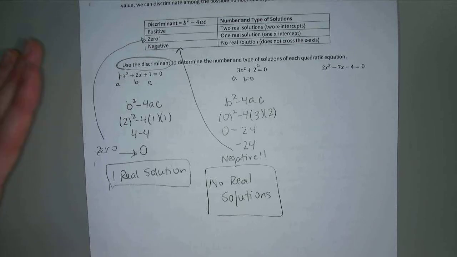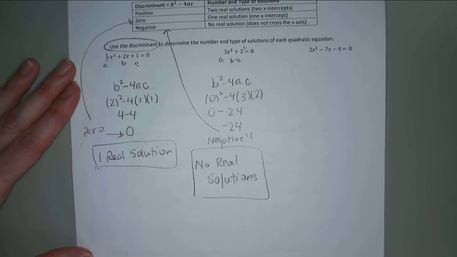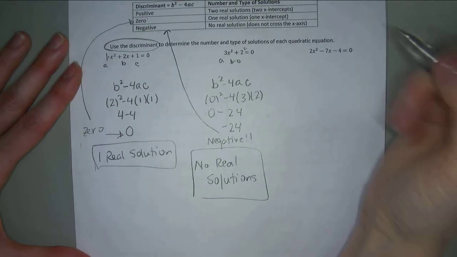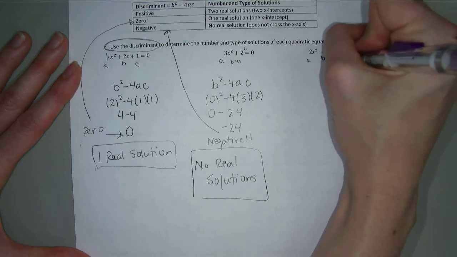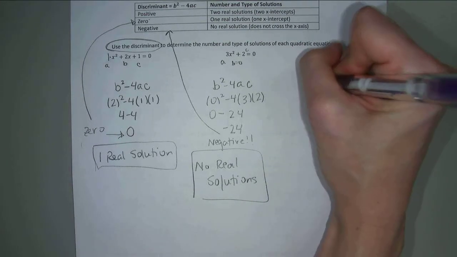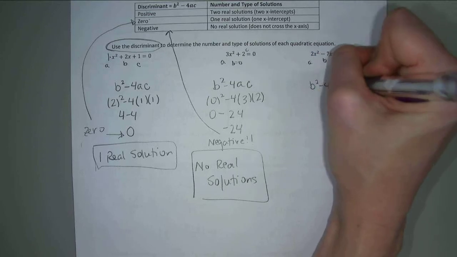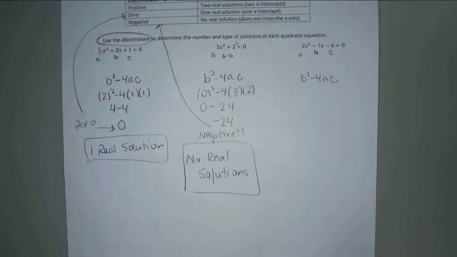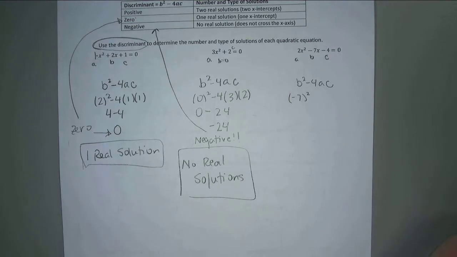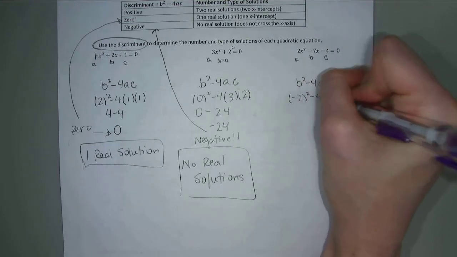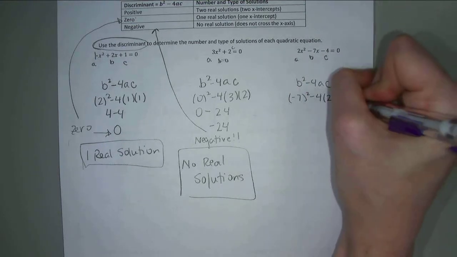And last but not least, process of elimination, we're going to see something happen here. Our A is 2, our B is negative 7, our C is negative 4. We're going to plug it into our discriminant, b squared minus 4ac. Our b is negative 7, but we got to square all of it to make sure it's in parentheses. Minus 4 times a, which is 2, times c, which is negative 4.